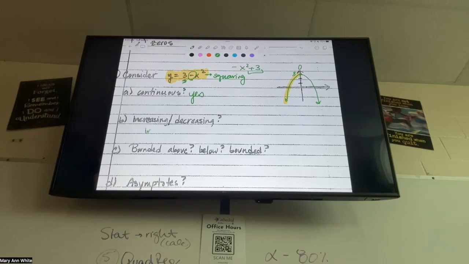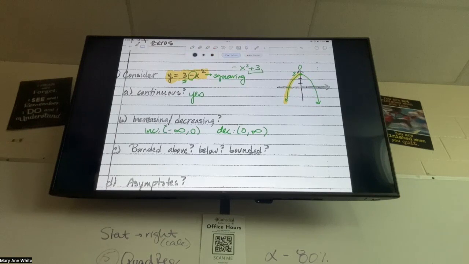So I'm going to start and say I'm increasing from negative infinity all the way up to 0. We're increasing until we get to 0. And then once we hit 0, then we start decreasing. And we decrease from 0 to what? Positive infinity. Did I say negative? Thank you so much. Positive infinity.